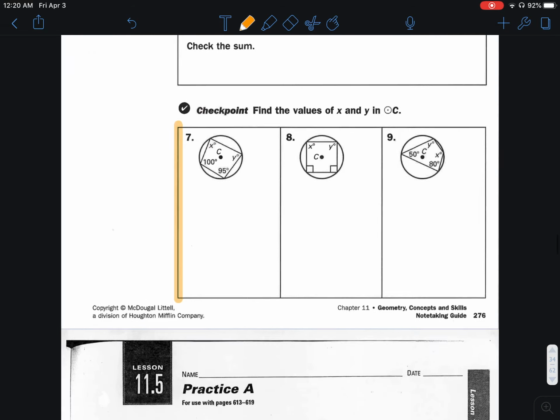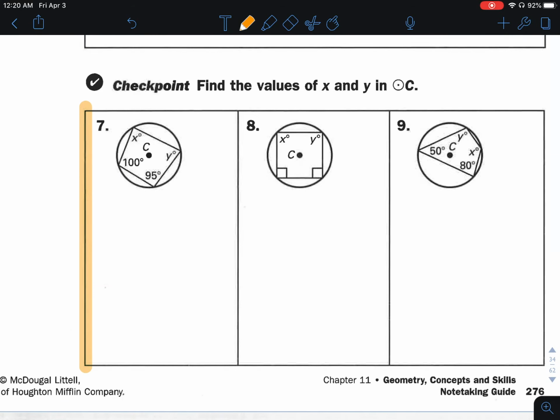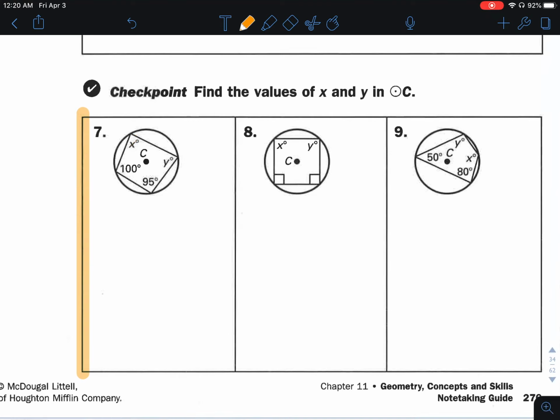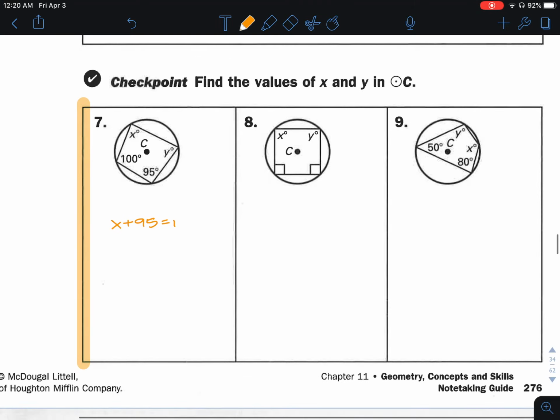And then our last few problems on the bottom here. Find the values of x and y in my circle C. Again, if it's a quadrilateral, my opposite angles are supplementary. So what is opposite of x? 95. So I have x plus 95 equals 180.